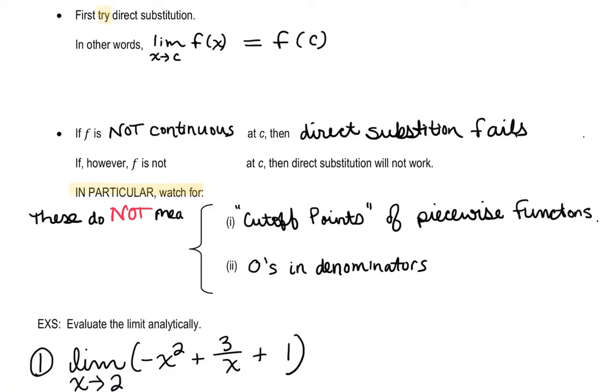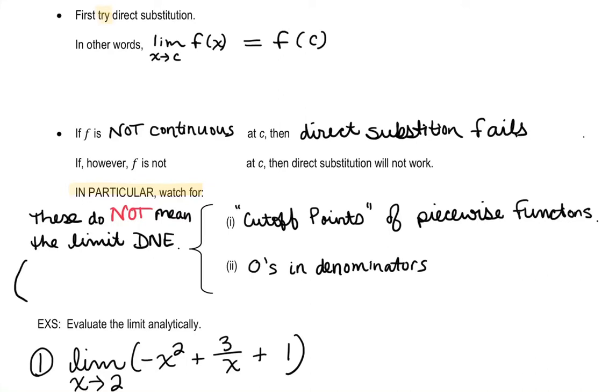So I got a double negative there. They do not mean that the limit does not exist. Okay, what they mean is we have to develop some techniques to handle these limits.